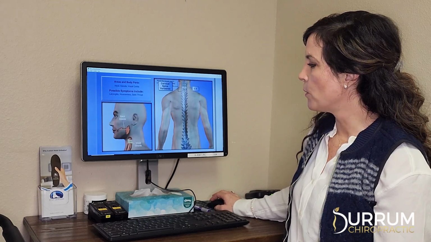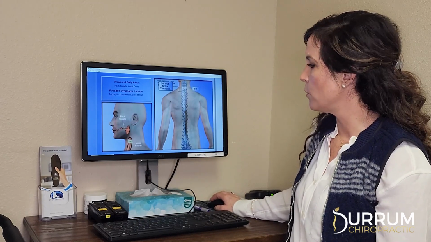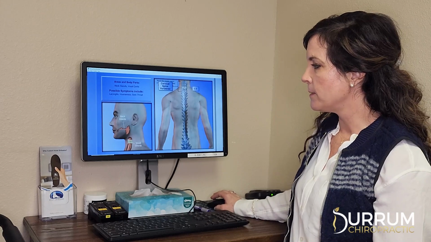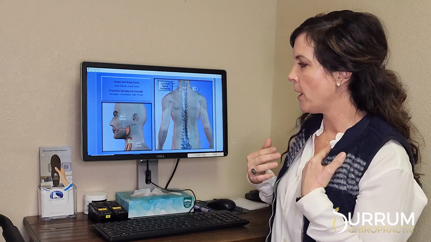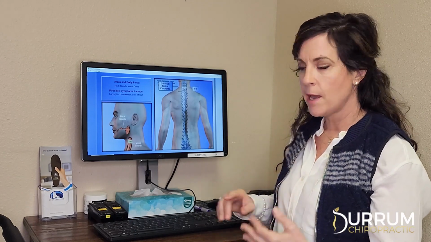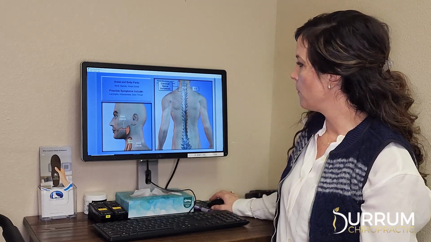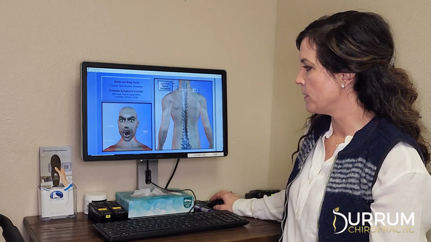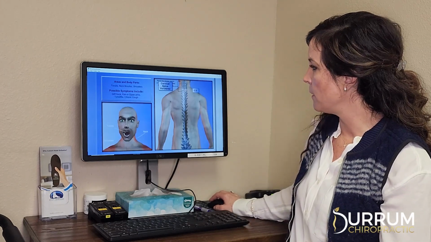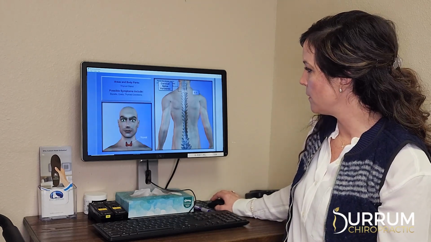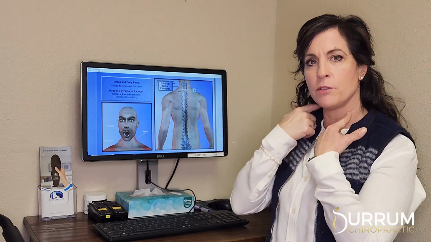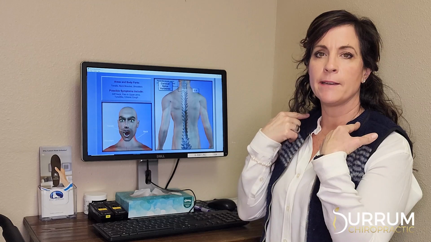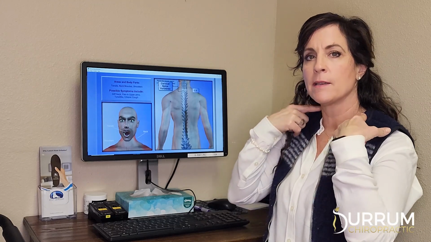At the C4, C5 region, these nerves go to the glands of the neck, head, face, and can impact things such as the tonsils, adenoids, and cause laryngitis, hoarseness. C6, again, the nerves right there go to the tonsils, but you may experience tightness, stiffness, soreness in the neck.